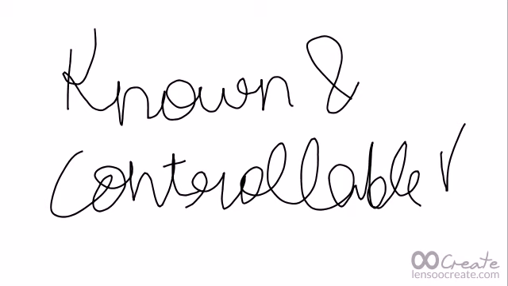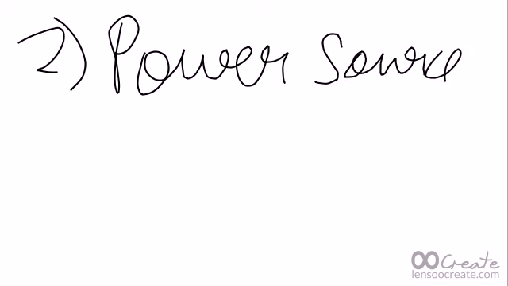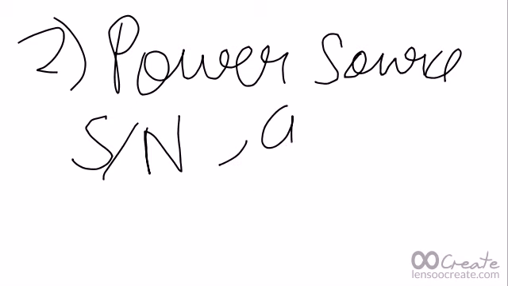And this signal generator is basically used as a power source for the measurement of gain, signal to noise ratio, bandwidth and other properties. So the second point is that it is used as a power source. And when it is used as a power source, you can measure signal to noise ratio, gain and various other properties.